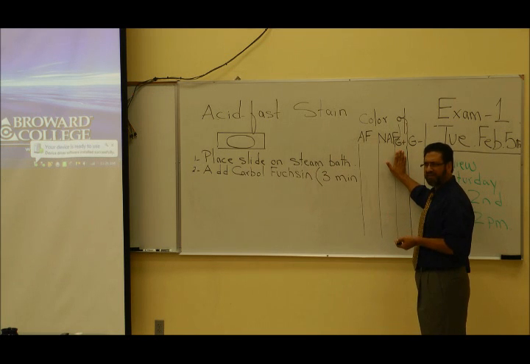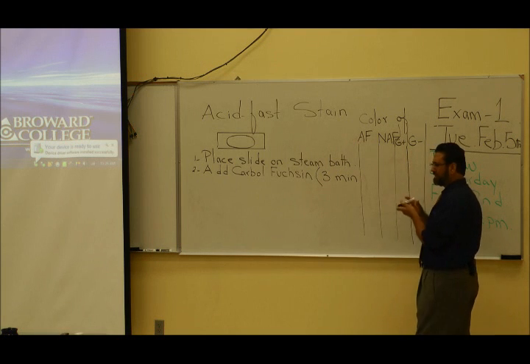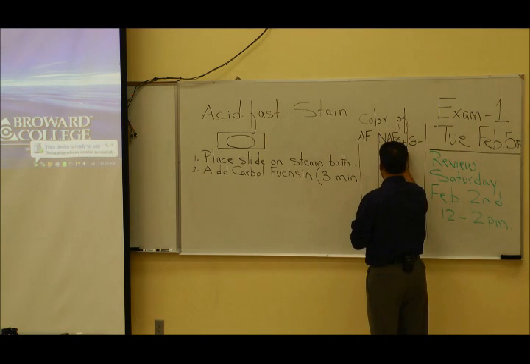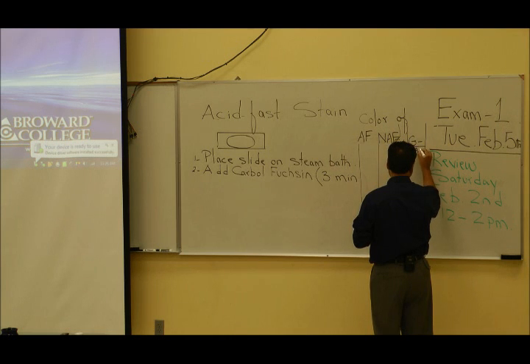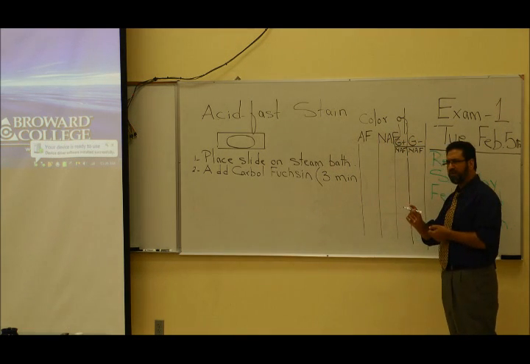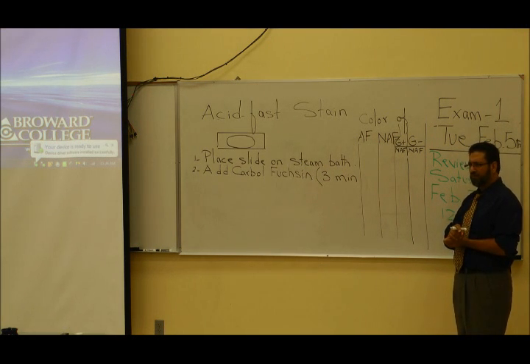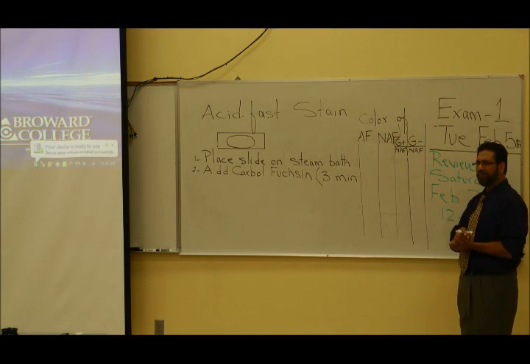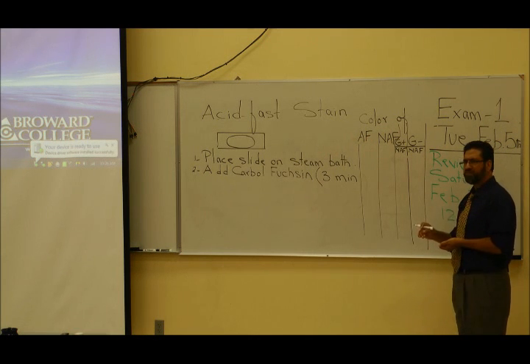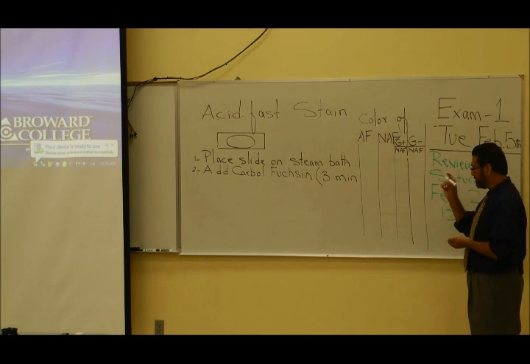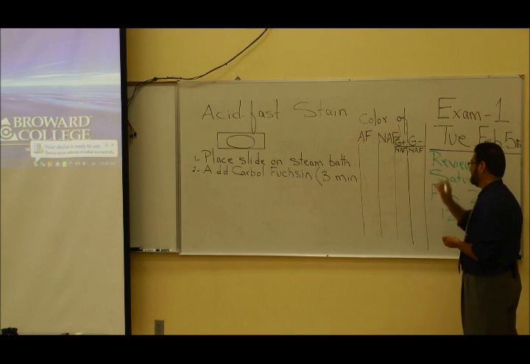They don't have mycolic acid. Gram-negative? Absolutely. So both gram-positive and gram-negative are non-acid fast. So why did I put them in separate categories? On the basis of their lipid concentration. Very good, they have different lipid concentration, and I will ask you a question later that will explain that.